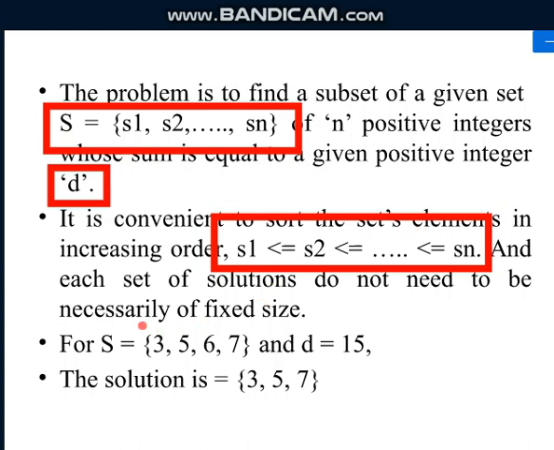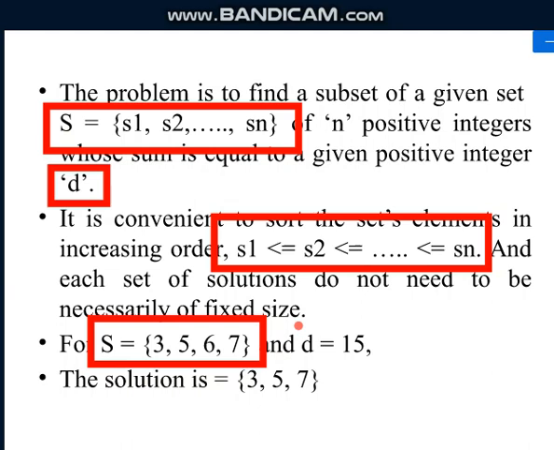Look at this set S. The values in the set are 3, 5, 6, 7. Is it not arranged in increasing order? Yes, it is arranged in increasing order. What is the value of D? D is 15.